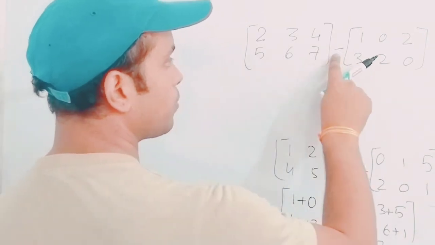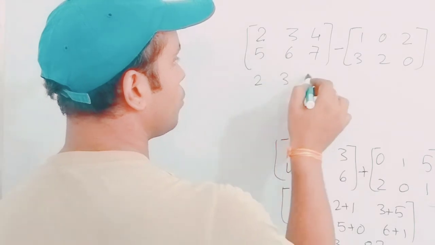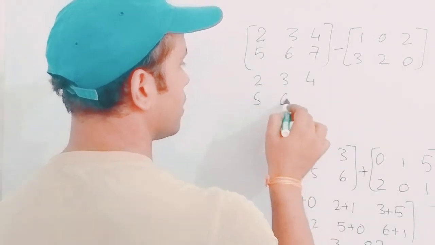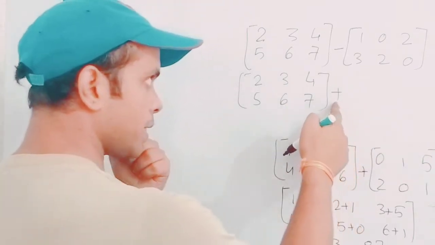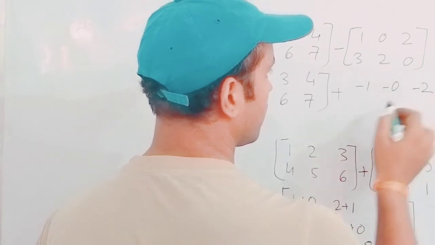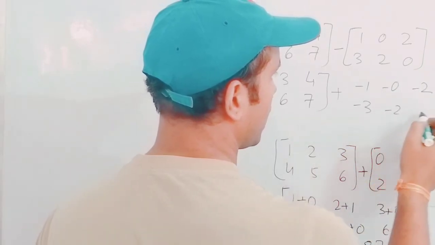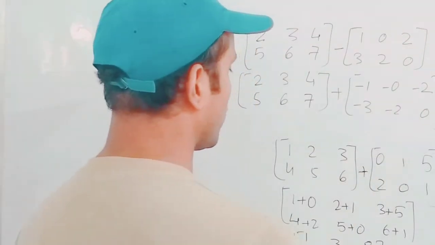Look, this is a minus sign. So first we write this minus sign with all the elements and we use the basic concept of addition. Like the previous example, first you write a plus sign here and change all the signs inside the matrix: -3, -2 and 0. This is the easy way. Rest is your choice.